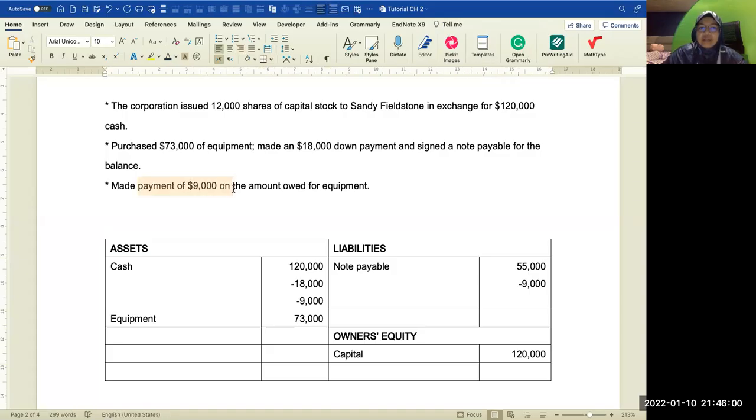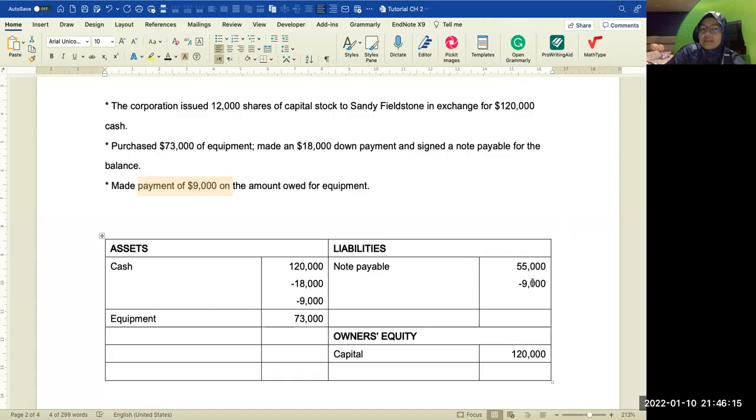Now you make a payment of 9,000 first, so you have a balance, 55 minus 9, you still have note payable, then you have to pay.